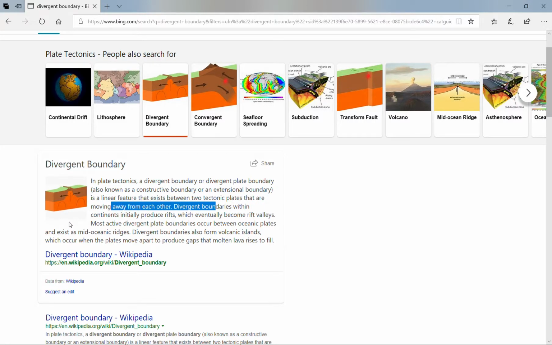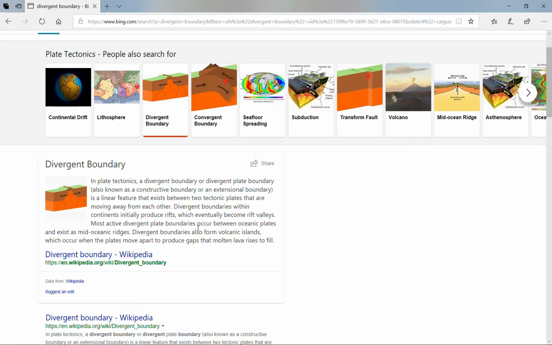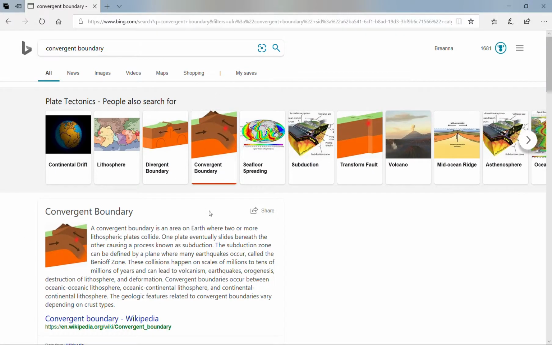Divergent boundaries within continents initially produce rifts, which become rift valleys. Most active divergent plate boundaries occur between oceanic plates and exist as mid-ocean ridges. Divergent boundaries also form volcanic islands. So divergent boundaries make volcanoes. These make mountains.